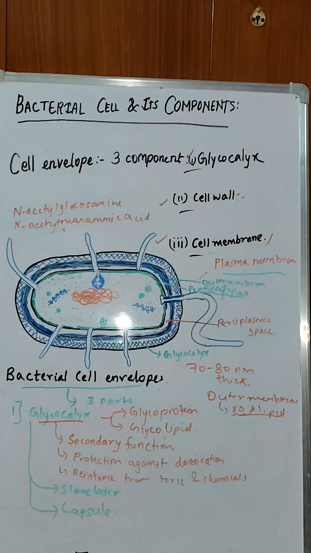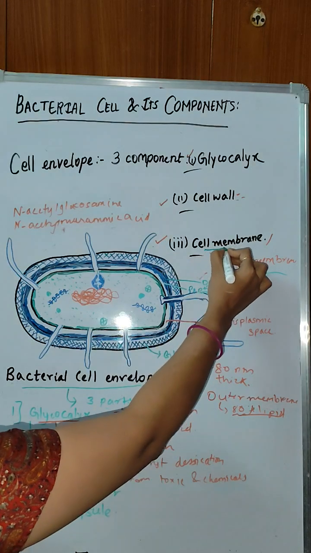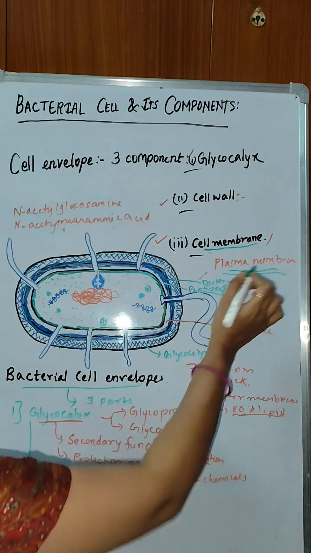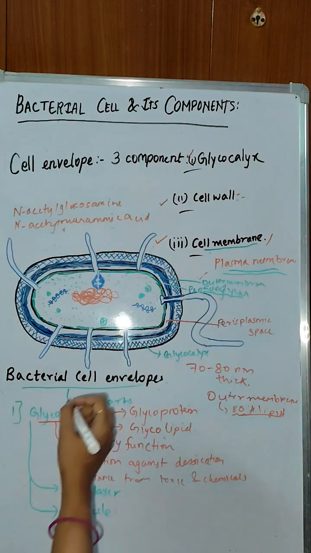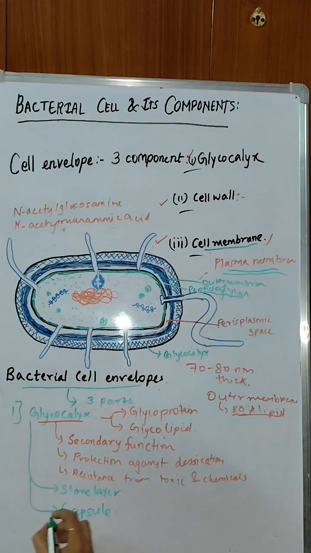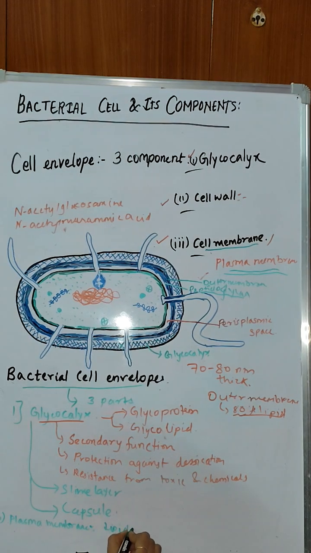Plasma membrane or cell membrane. This cell membrane or plasma membrane is a lipid bilayer. Let me write over here. Plasma membrane is lipid bilayer.